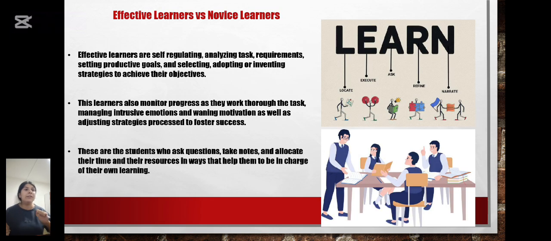And now we will look at effective and non-effective self-regulated students. So let's start with effective learners. Effective learners are self-regulating, they analyze tasks and requirements, they set predictive goals and select, adapt, or invent strategies to achieve their objectives.